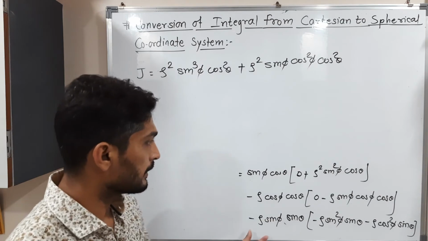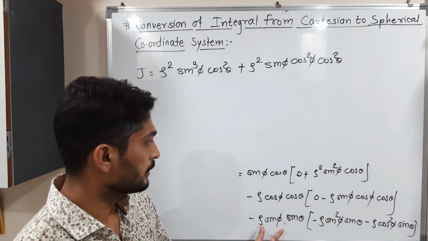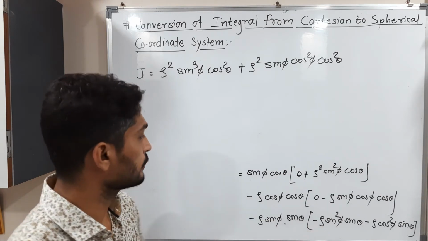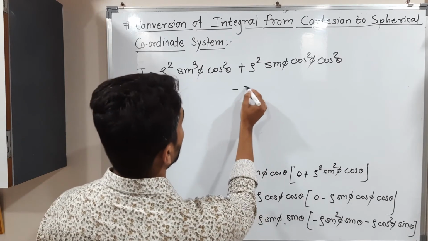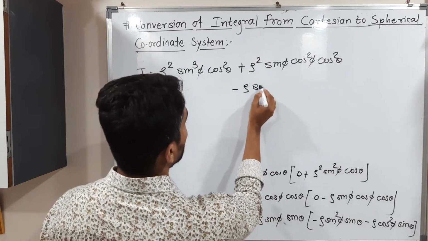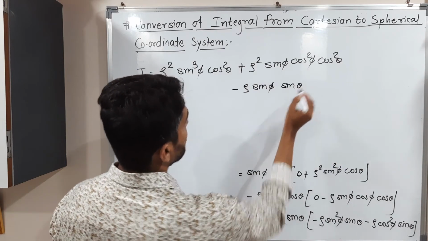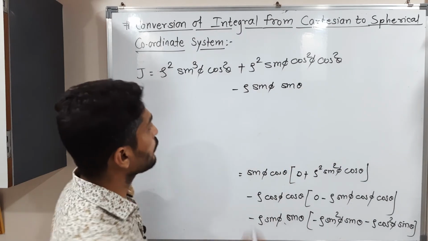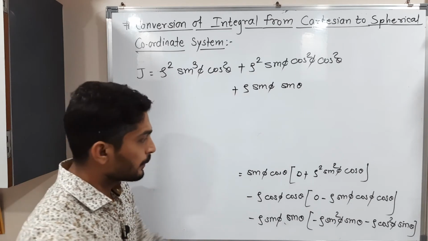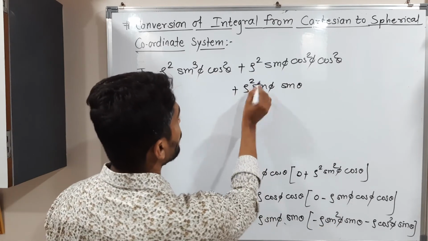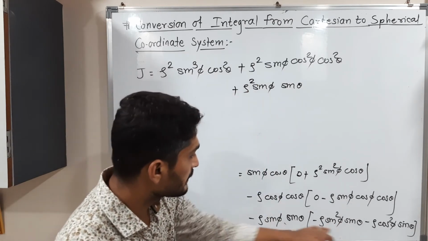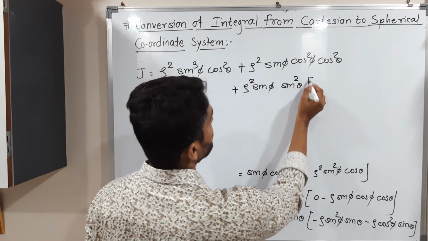Here we can take something common from the last term. So minus rho sin phi sin theta. We can take the minus sign common, so minus minus plus. We can take rho common, so rho into rho square. We can take sin theta common, so we will have sin square theta.